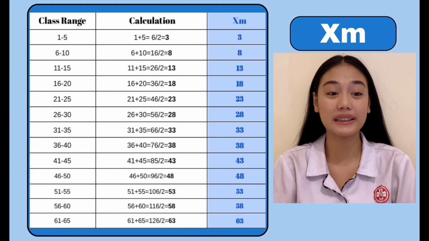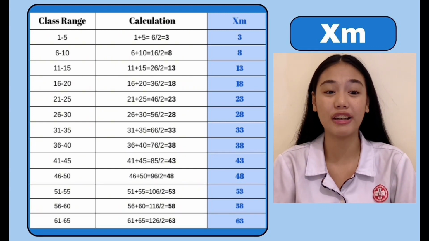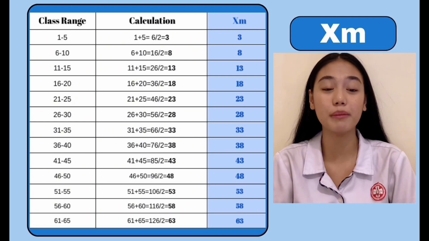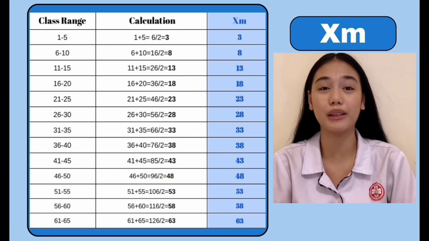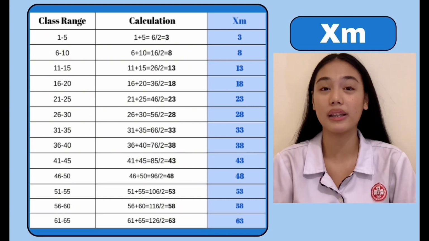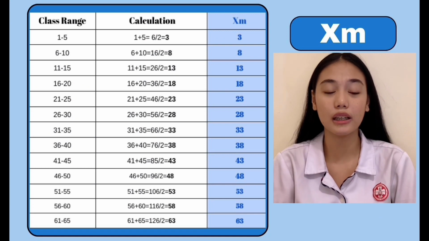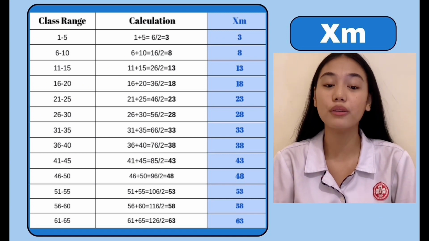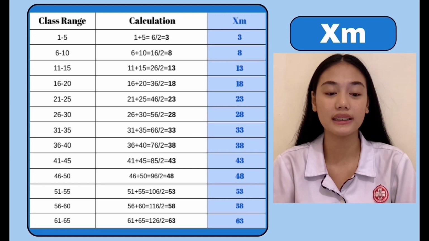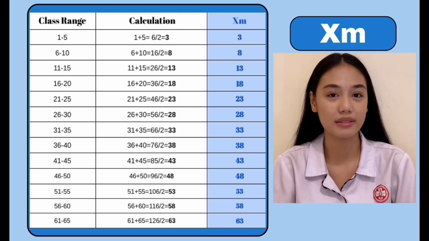1 plus 5 equals 6, divided by 2 equals 3. 6 plus 10 equals 16, divided by 2 equals 8. 11 plus 15 equals 26, divided by 2 equals 13. 16 plus 20 equals 36, divided by 2 equals 18. 21 plus 25 equals 46, divided by 2 equals 23. 26 plus 30 equals 56, divided by 2 equals 28. 31 plus 35 equals 66, divided by 2 equals 33.